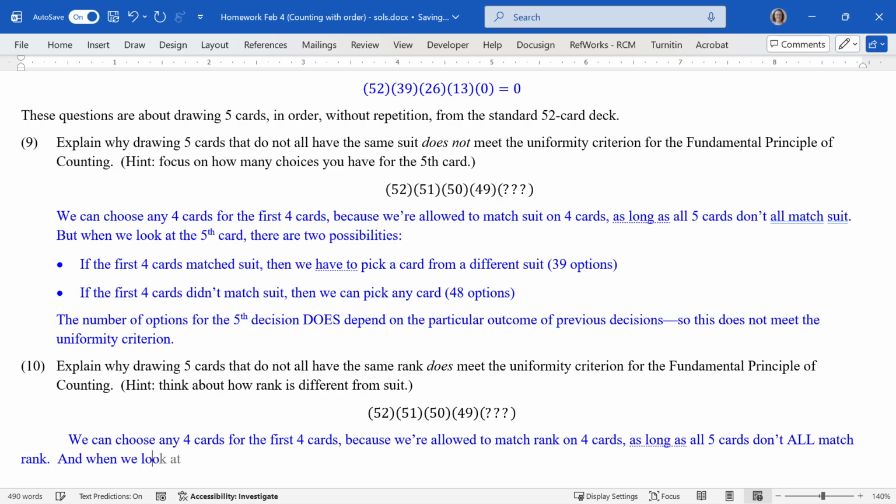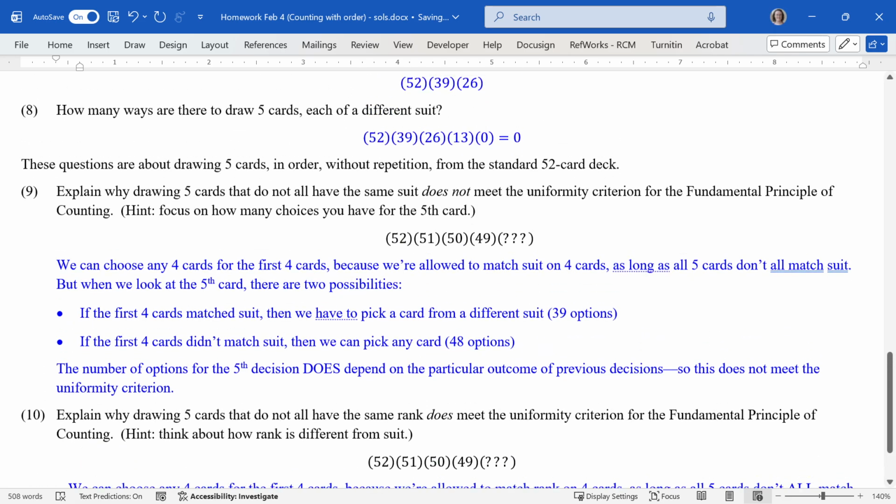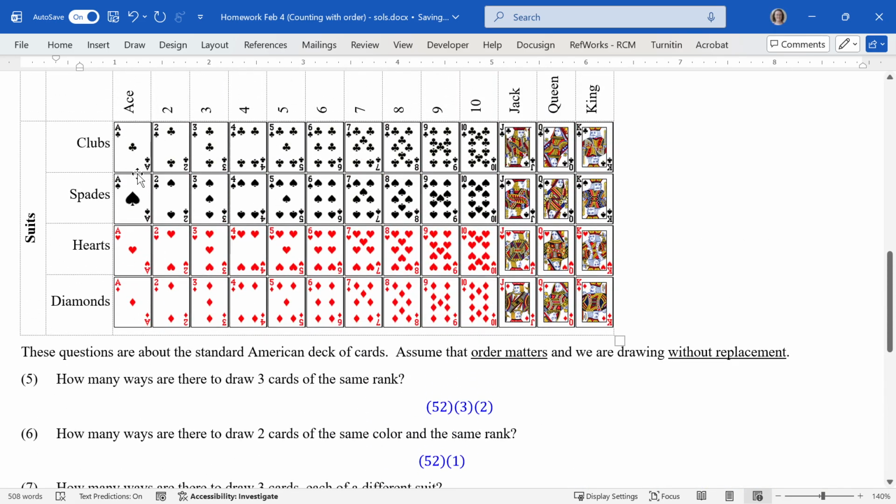And when we look at the 5th card, there are 2 possibilities. Well, either we matched rank on those first 4 or we didn't. So if the first 4 cards matched rank, like if we got 4 aces for our first 4 cards, well, now I have to pick a different rank.